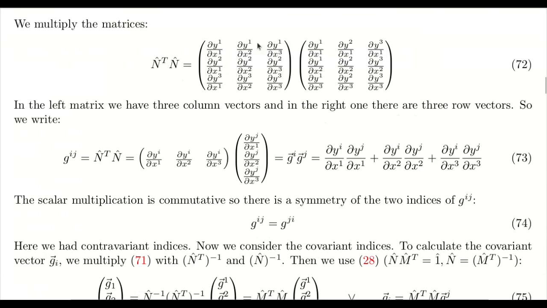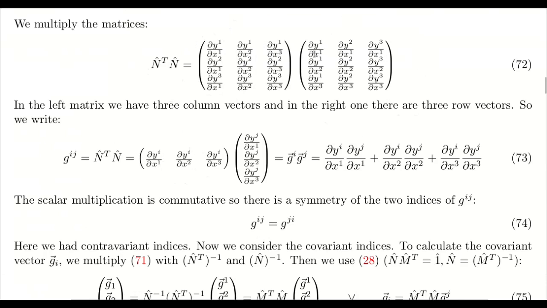And if we look at the left matrix, we can say we have three column vectors. If you look at the first column, there is always x1, but we count in the y index from 1 to 3. And so we can write here three vectors with a counting index I here.